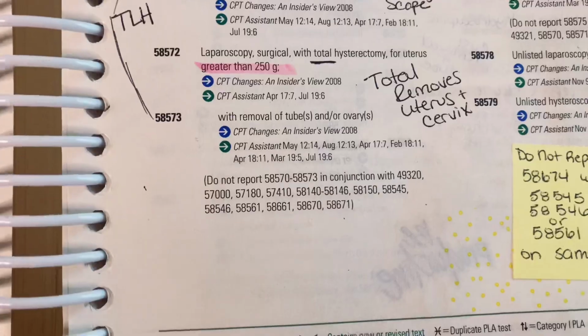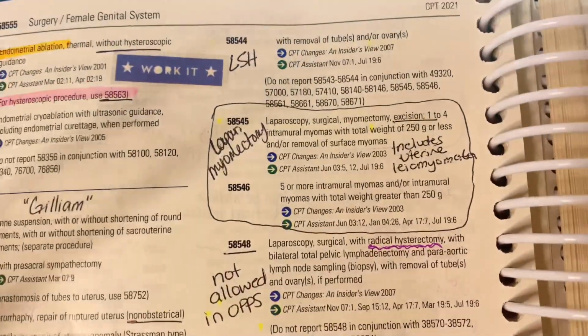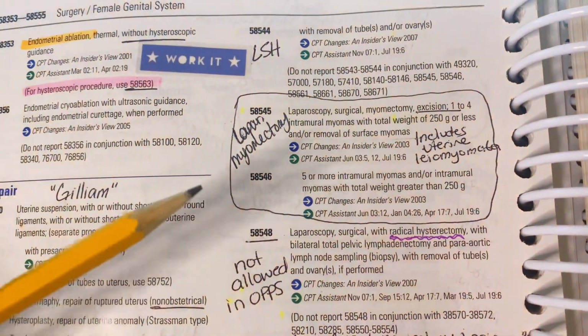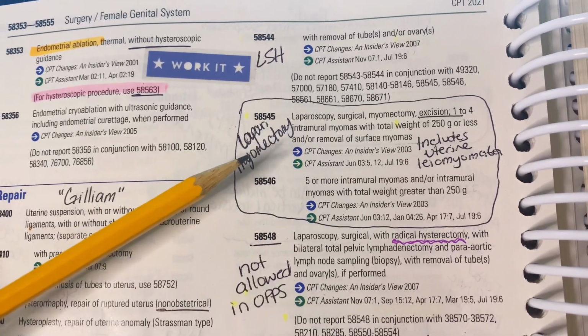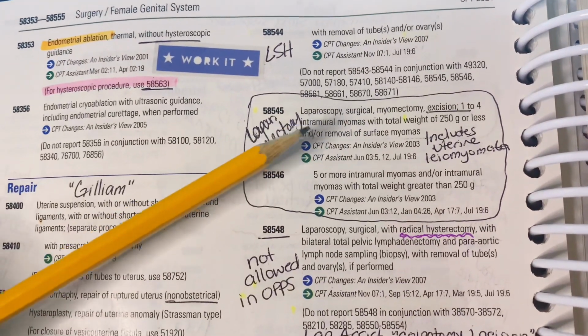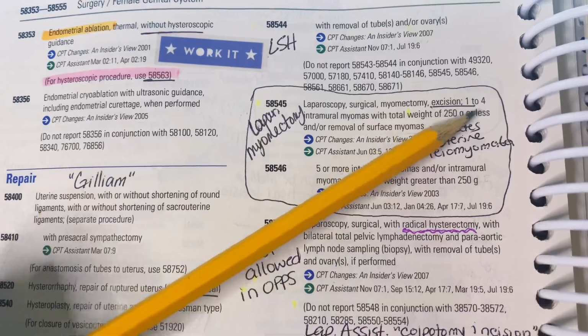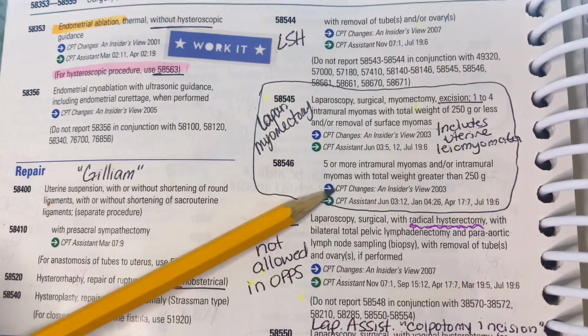So I don't even have to ask anyone because all I had to do was read it myself, and it tells me do not do that. So this one, I think we had 3 of them too. So this one would have been for 1 to 4, and then you have 5 or more.